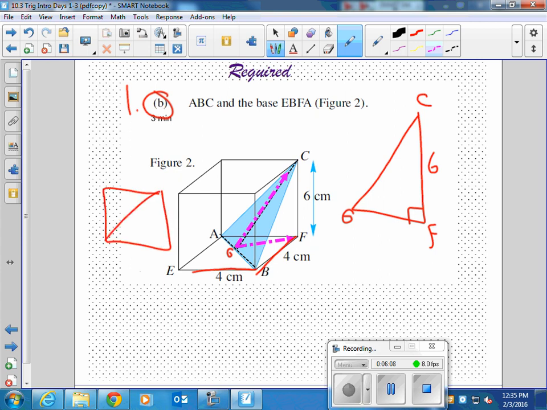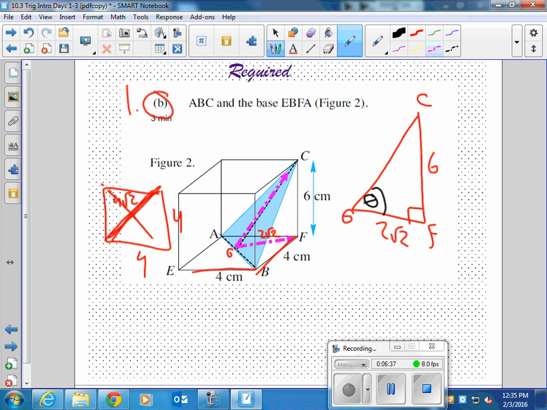What will the diagonal be? What will this length here be? 4 square root of 2. Do you agree with that? So what do you think half of it's going to be? 2 square root of 2. And so it says, find the angle there. So this is theta that we're looking for.